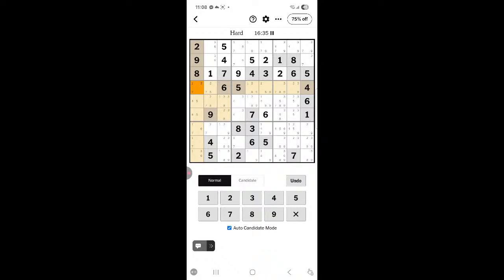7, 1, and if 2, if 9, but we don't know.